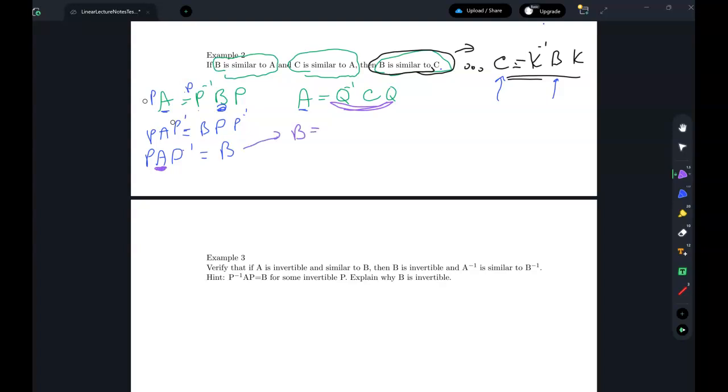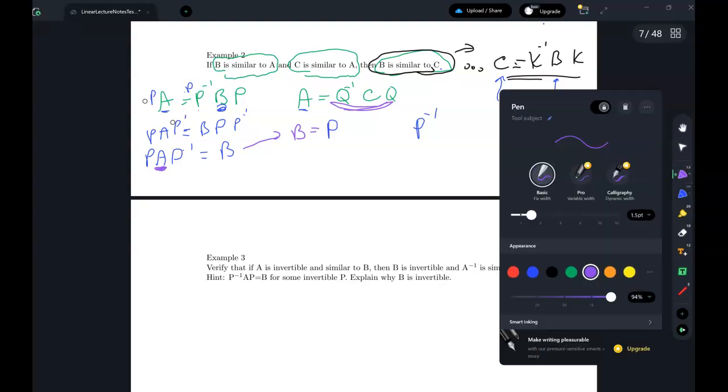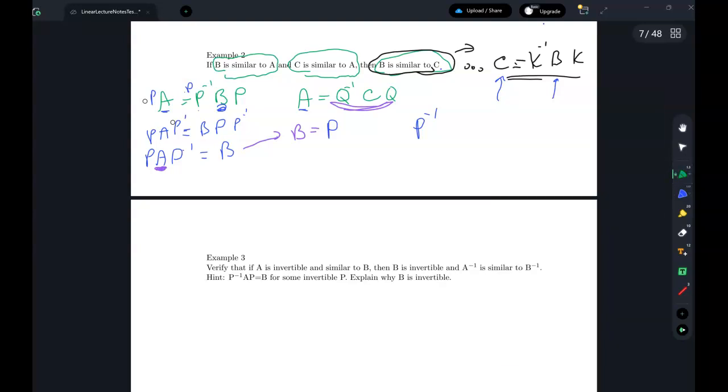B equals, color coding here, P and P inverse are on the outsides. And I'm carrying along this for A, so I've got Q inverse C Q. Okay, I'm getting close. So I have C and B in the same equation, so I just need to solve for the C. All right, so how about we start by multiplying on the left by P inverse.